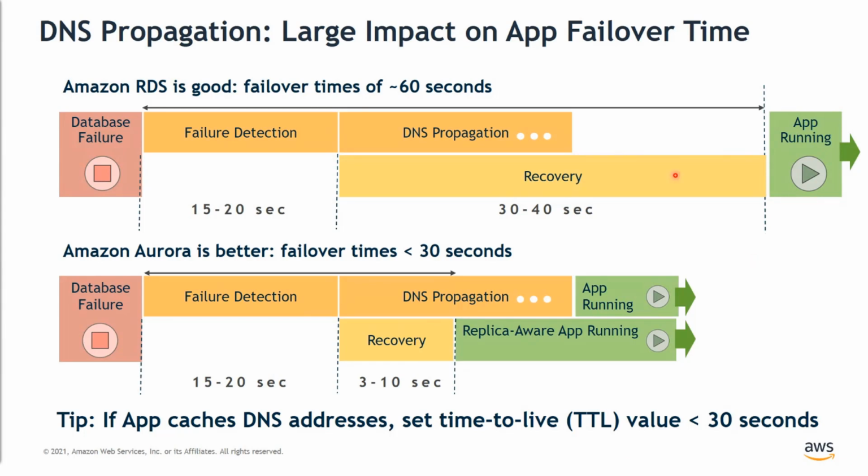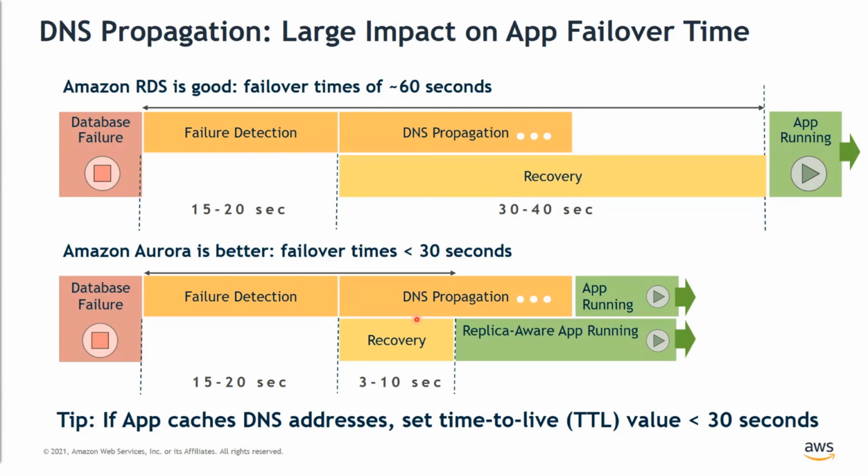And you can see here, it's a significant amount of time in most traditional databases, even in Amazon RDS databases, where DNS propagation can generally take around 30 seconds. Now, normally in the more traditional databases, that DNS propagation is usually faster than running recovery on the databases when you bring them up, so you don't really see it.